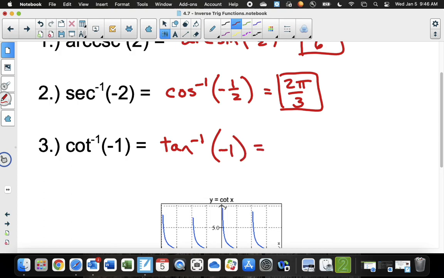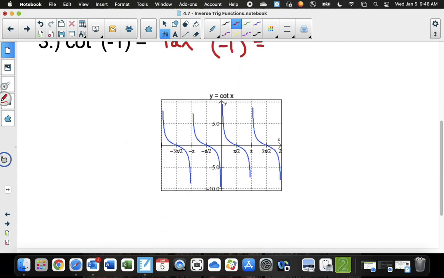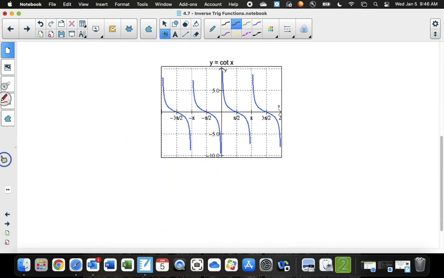But because we're dealing with cotangent, if you look at the graph just for a second, and I was going to restrict the domain, we said tangent was between -pi/2 and pi/2, because that's where the asymptotes are. Cotangent is from 0, remember, to pi. So your restriction on cotangent is not the same restriction as it is tangent. Okay? The cotangent restriction has to be between 0 and pi.